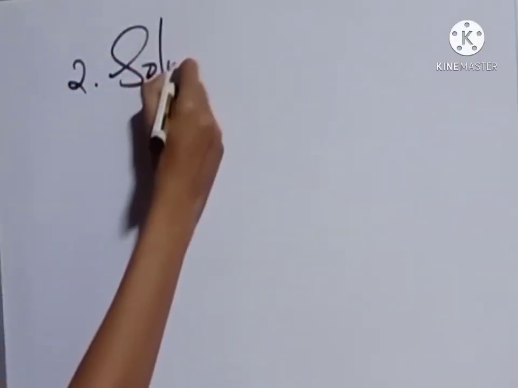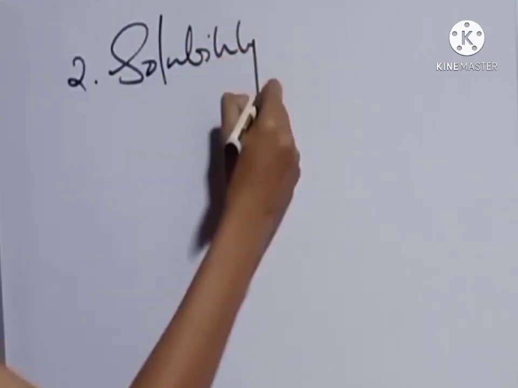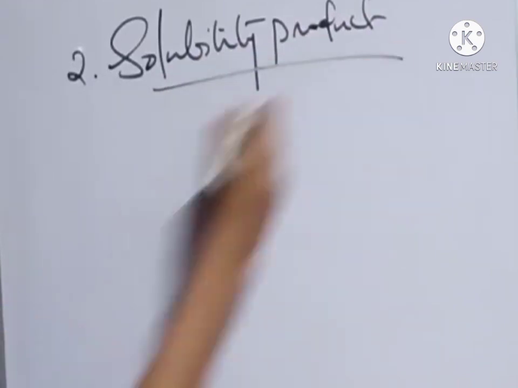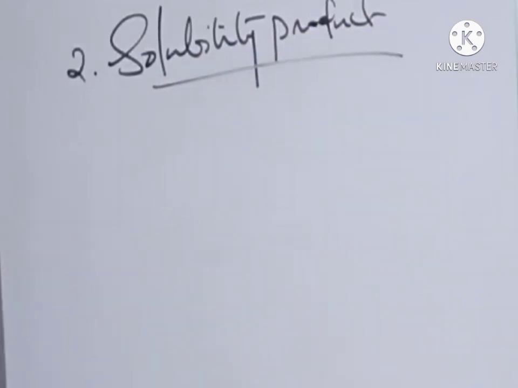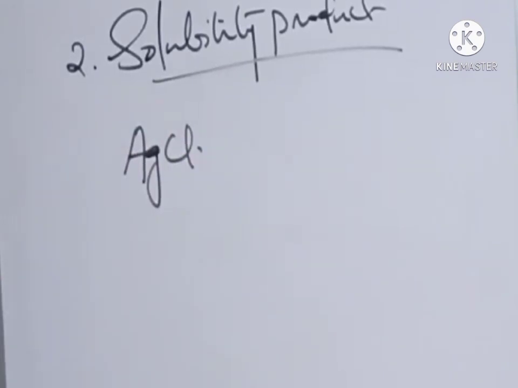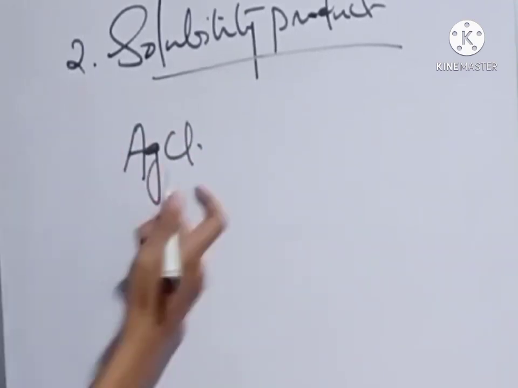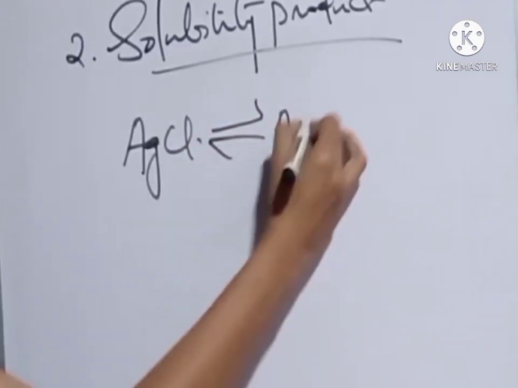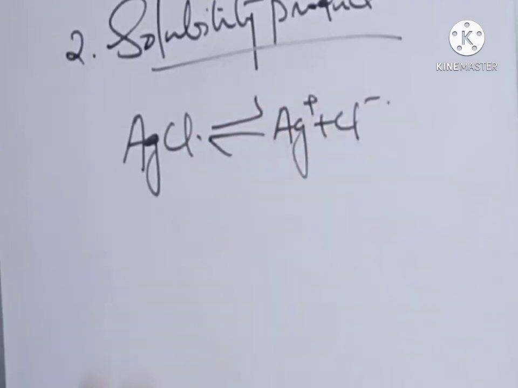The next term is solubility product. Consider a sparingly soluble salt. Let us take silver chloride, AgCl. The dissociation of silver chloride gives Ag plus and Cl minus.